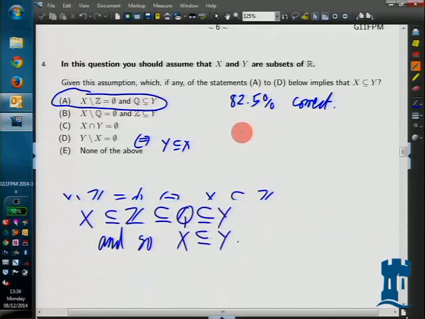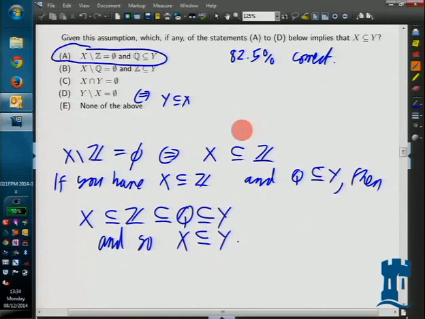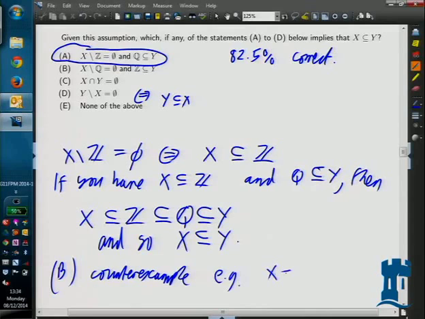So, for example, counterexample to B is x equals q, y equals z, and then everything holds, but x is not a subset of y.